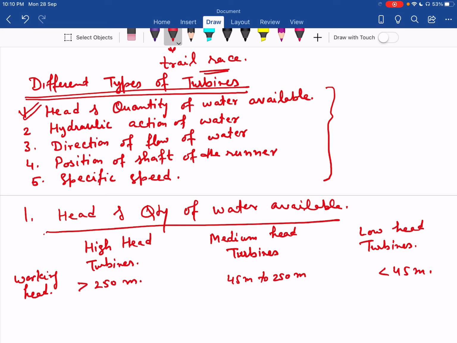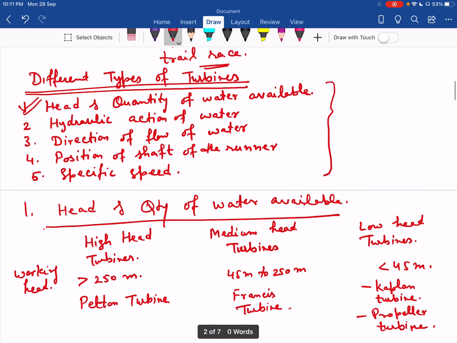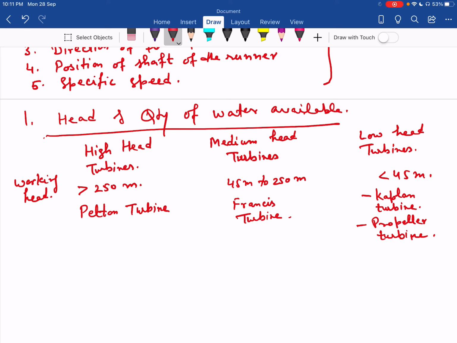If we talk about examples, high head is the Pelton turbine, medium head is the Francis turbine, and low head is the Kaplan turbine. Another one is the propeller.